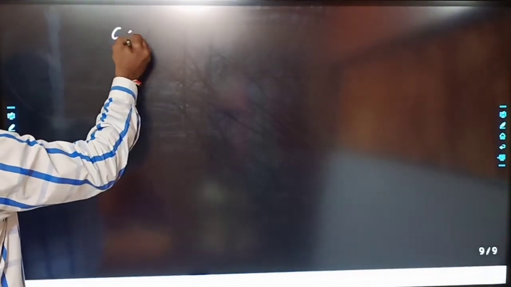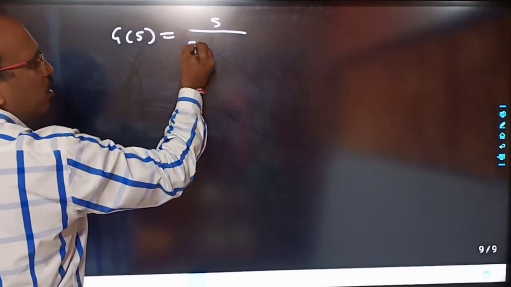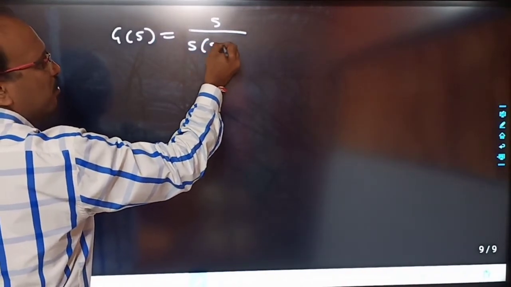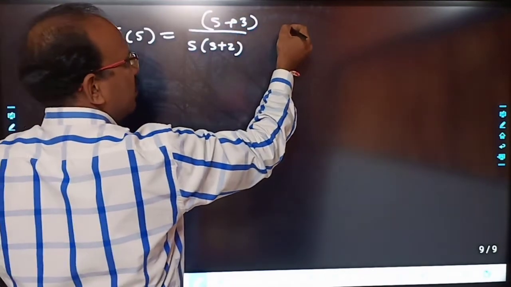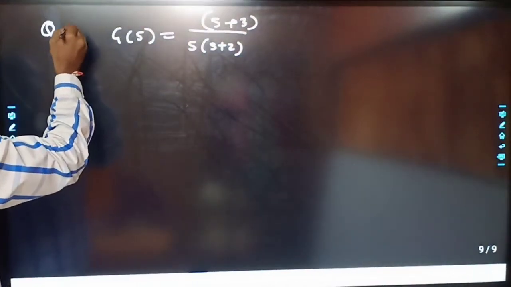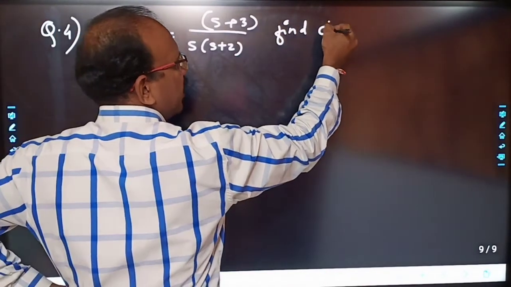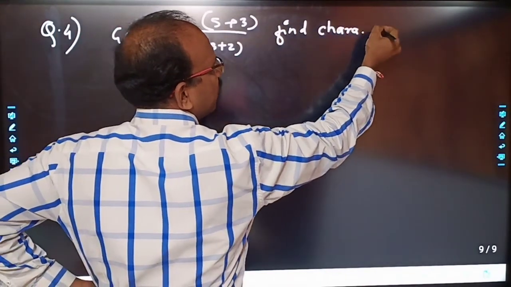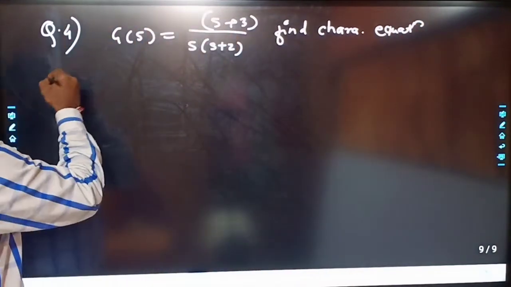I mention g of s equals s plus 3 upon s into s plus 2. This is question number 4: find the characteristic equation. Then what will be the answer?